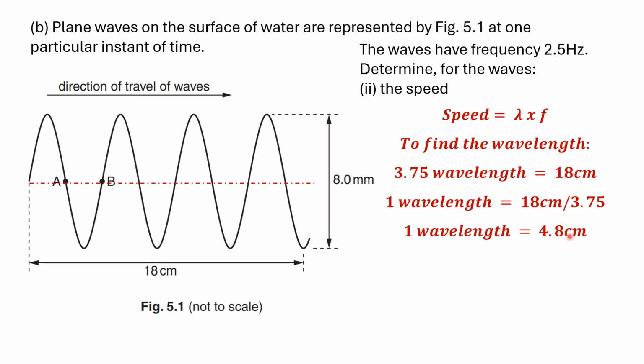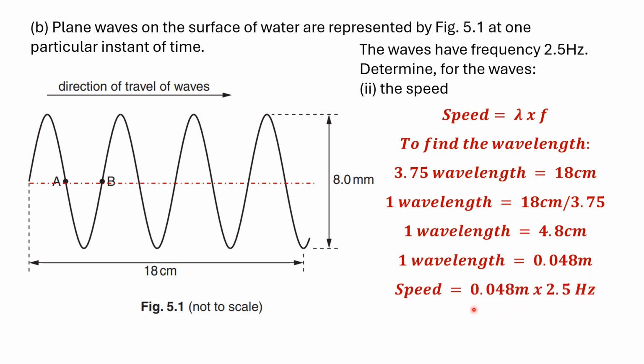So now we have the wavelength, we have the frequency, and we can calculate the speed. So in meters, right? In meters, 4.8 centimeters, because Hertz is in seconds. So we need to convert everything to the metric system, SI base units.